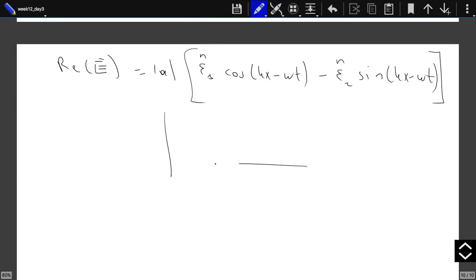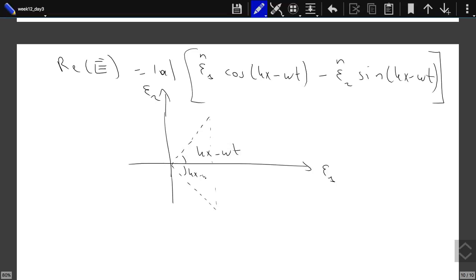So let me plot them. Let's say this is the direction of epsilon 1, this is the direction of epsilon 2. Now this angle over here, let me call it kx minus omega t. This angle is also kx minus omega t.